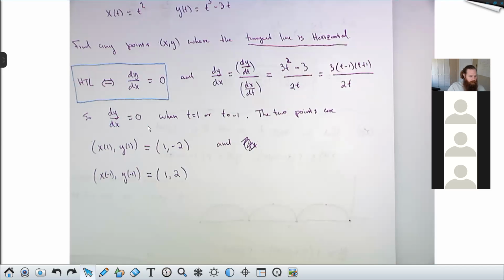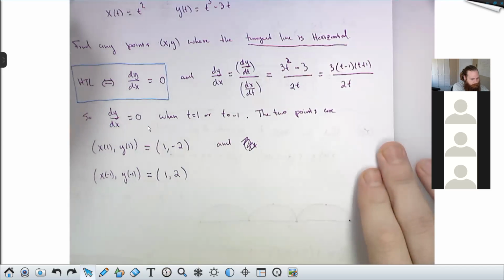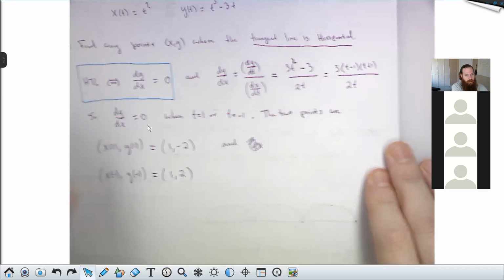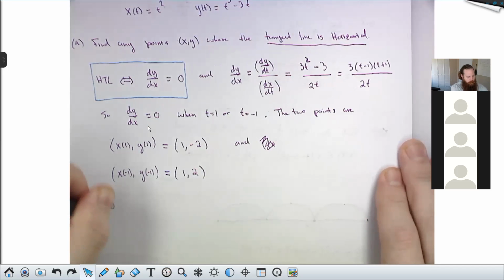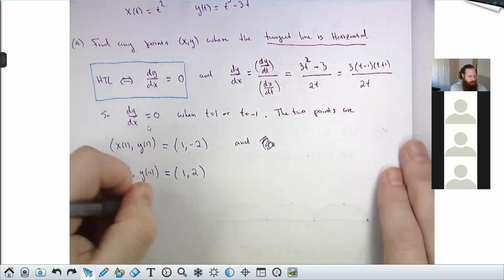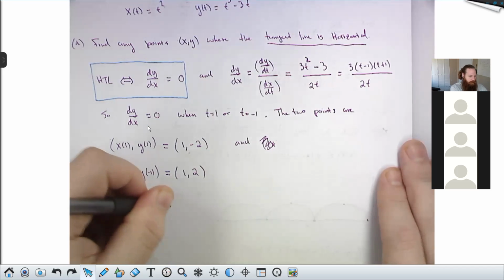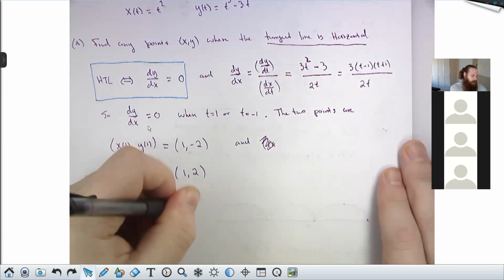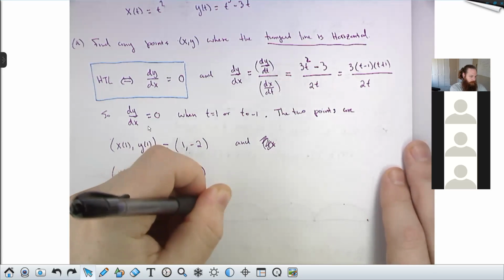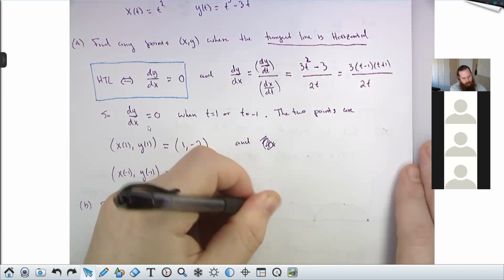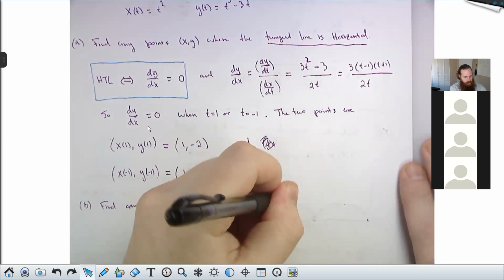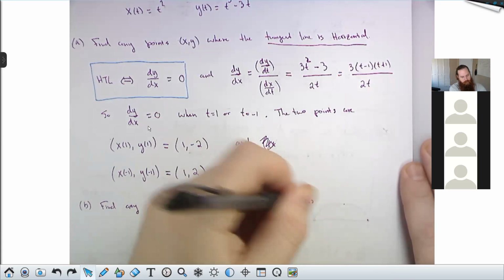Vertical tangents, on the other hand, maybe I call this part A. And part B, I want to find any points (x, y) where the tangent line is vertical.